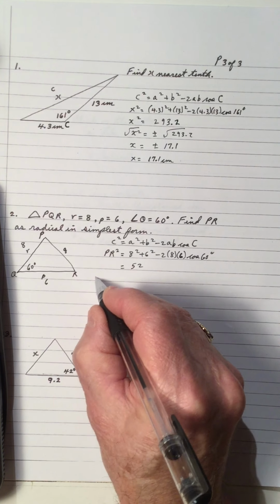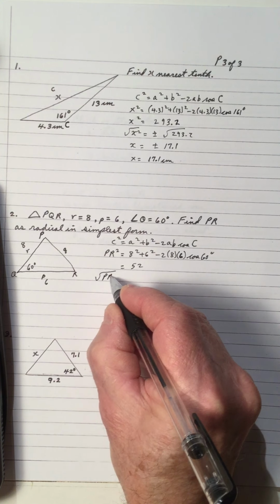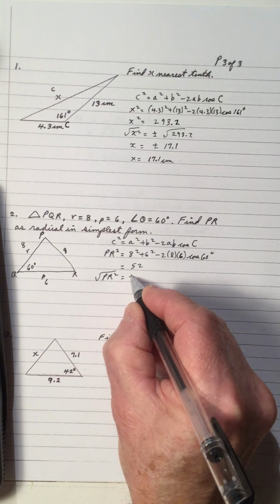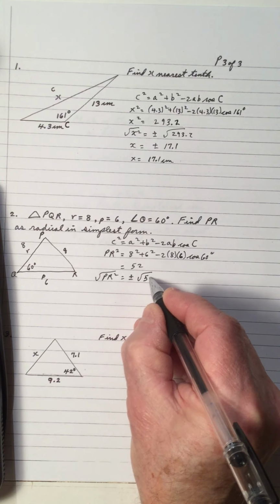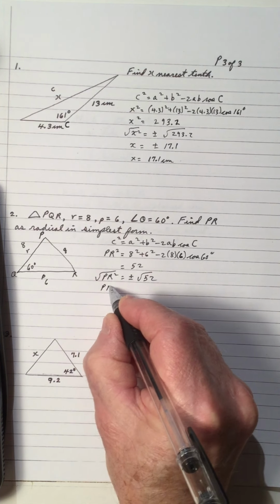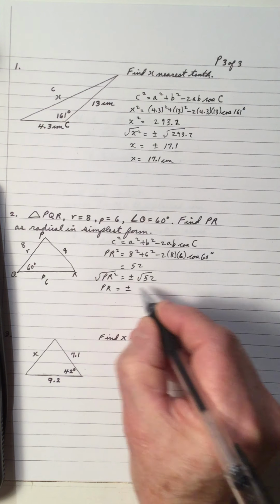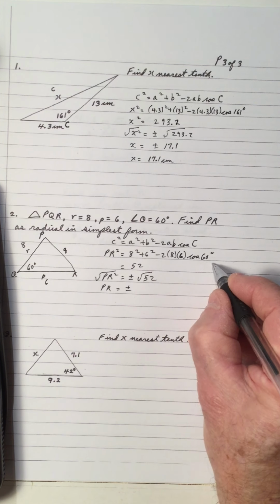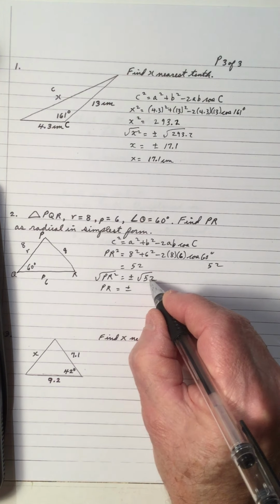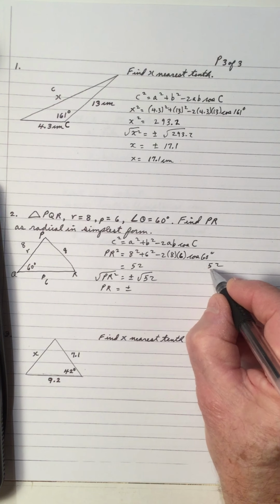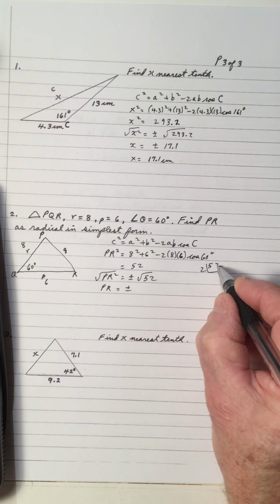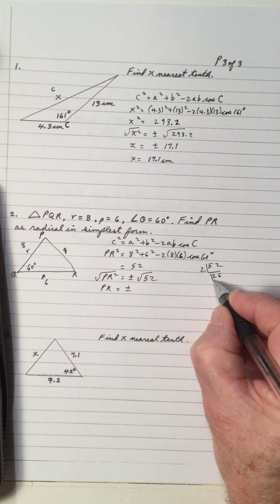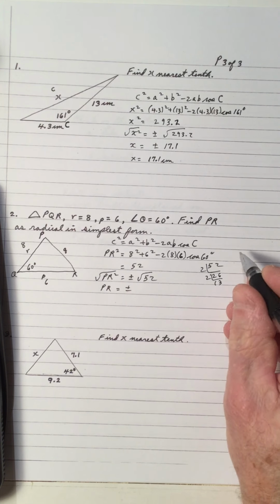So that means the square root of PR squared is plus minus the square root of 52. I said square root of 50, that should be 52. 52 is 2 times 26, 2 times 26 is 2 times 13.